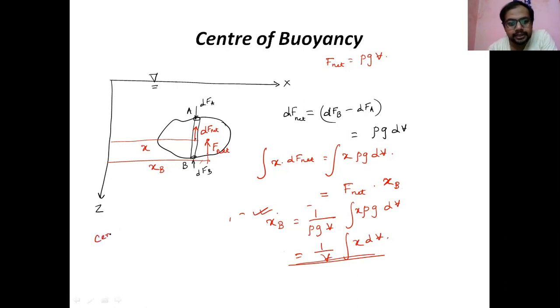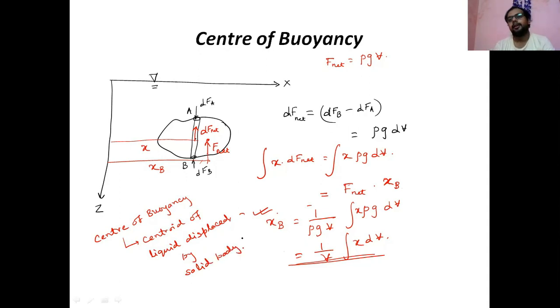Center of buoyancy is nothing but the centroid, or center of gravity (CG), of the liquid displaced by the body, because the net buoyancy force F net, I'm writing F net only, is nothing but the weight of the displaced liquid.